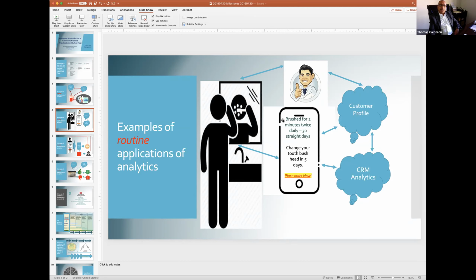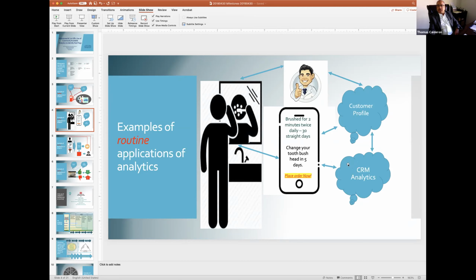Well, as a subject of data analytics, somebody is collecting all of that data at the source, and we allow that person to collect all of that data. That data goes into the customer's profile. The company's customer relationship management analytics analyzes the patterns, the brushing patterns of that individual.